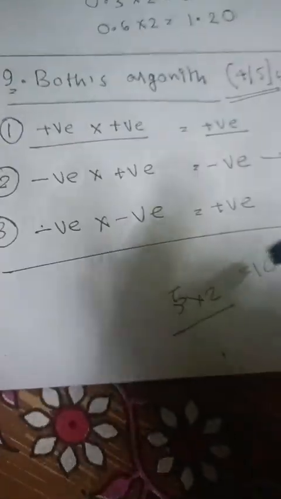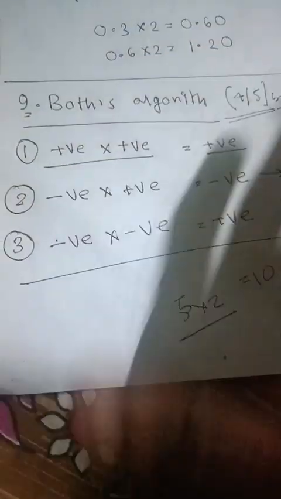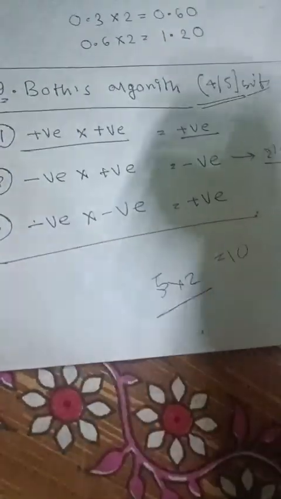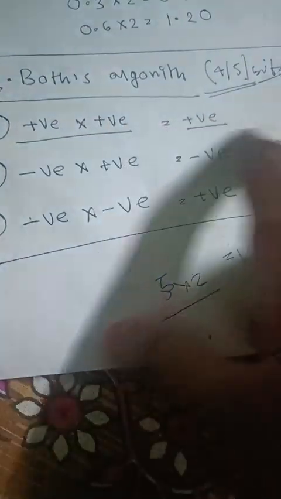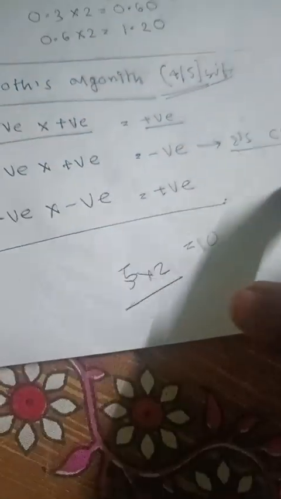So we have to convert it into binary, and then perform Booth's algorithm, and then we can get these answers. The first prerequisite is basic maths: positive into positive is positive, negative into positive is negative, and negative into negative is positive.